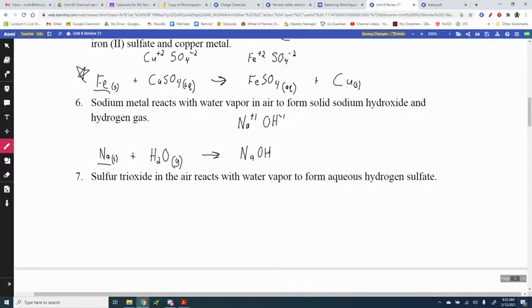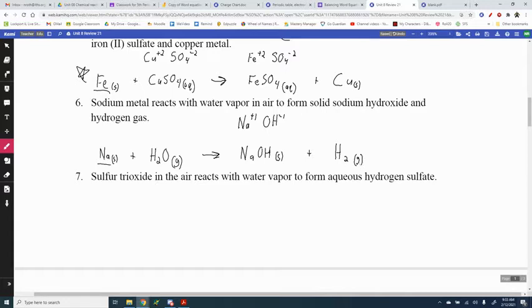NaOH, and that is a solid because it says there. And hydrogen gas. Okay, so hydrogen is H, but hydrogen is part of the 7 diatomic elements. So that's going to be H2, and it does say it's a gas.